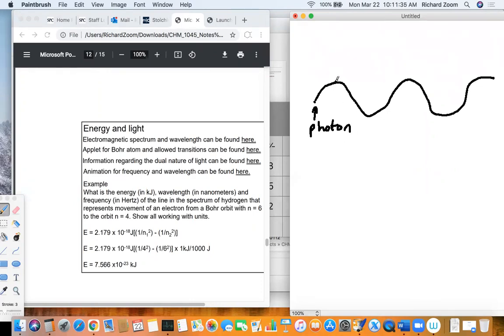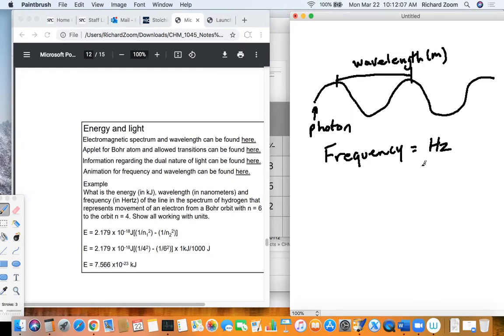Now, waves have 2 characteristics. We can talk about wavelength, which, as the name suggests, is a length, and it's usually presented in meters. The other one that's difficult to show on a static diagram is frequency, which is measured in hertz, Hz, or seconds to the -1, or cycles per second.